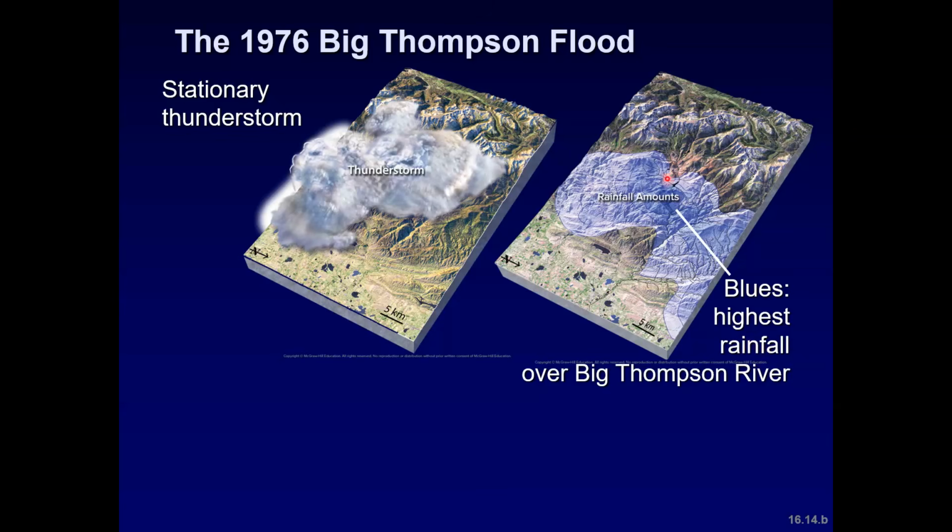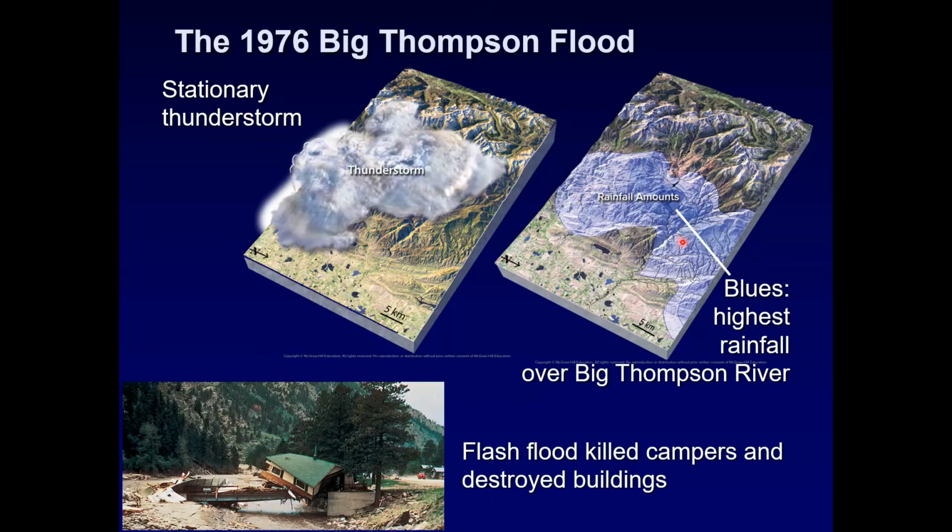And these blues here are showing the highest rainfall over the Big Thompson River. That resulted in a very quick flash flood that killed people who were just camping in the area, and it destroyed buildings. So that one happened very quickly rather than the one previously described that took months to build up and dissipate.